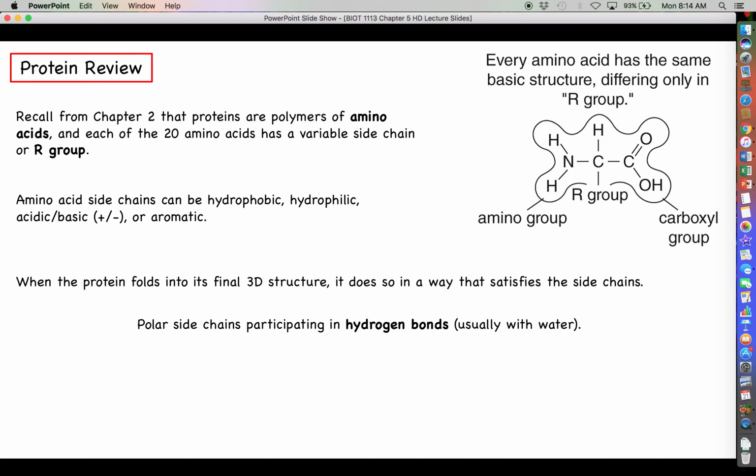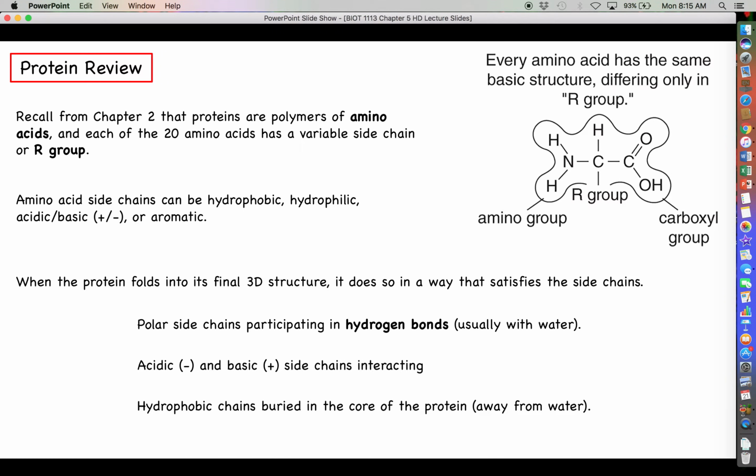So for example, any polar side chains are going to want to participate in hydrogen bonds, usually with water. So these are those hydrophilic side chains. So they want to be with water, so when the protein folds, we're going to get them as close to water as we can. Any acidic or basic side chains will want to interact with each other. The negatives and the positives will want to attract each other, just like in the way static electricity works.